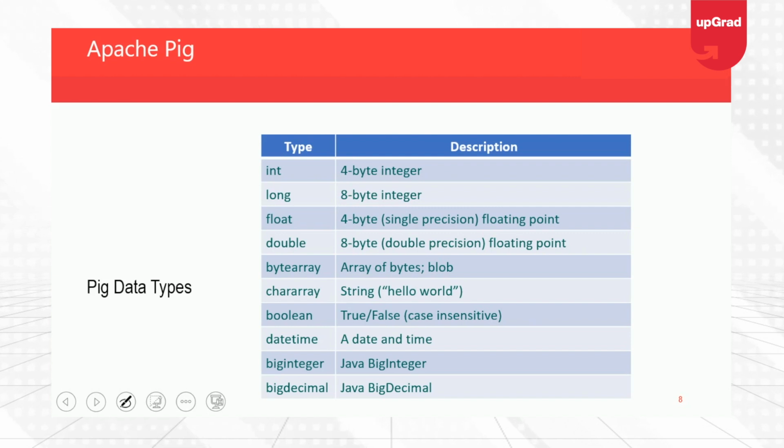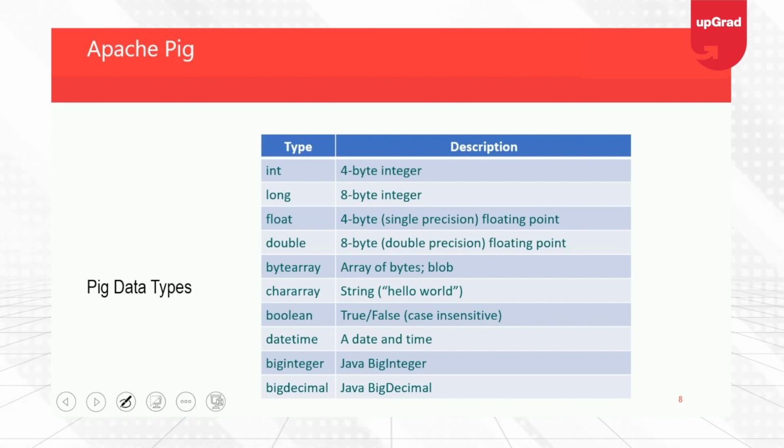We have binary data, which is byte array. We have char array, boolean, datetime, and for the bigger values we have big integer or big decimal. All these data types fall under the category called scalar types and are used to handle the atom values.